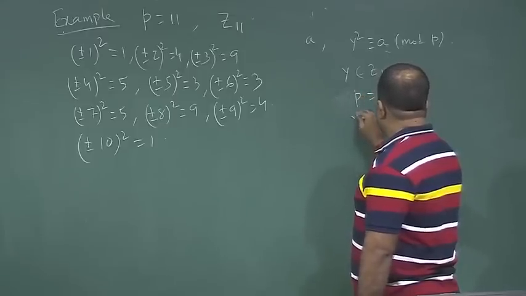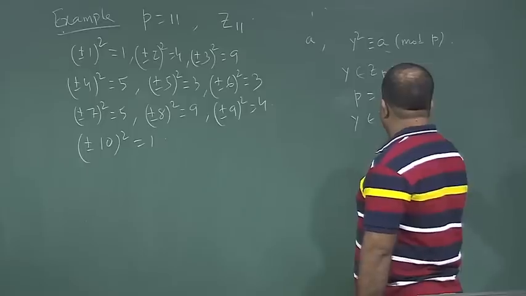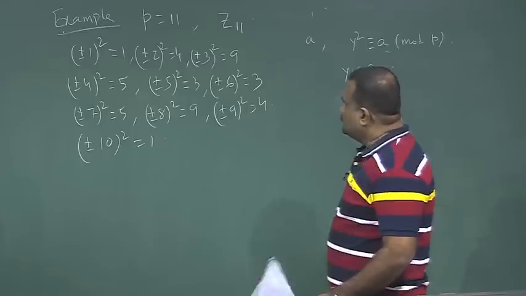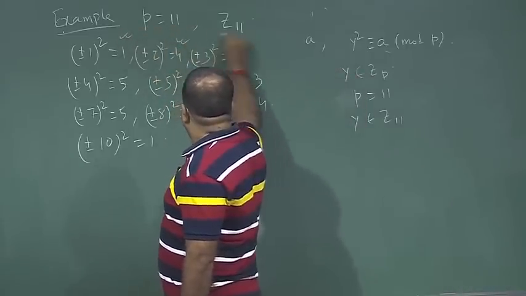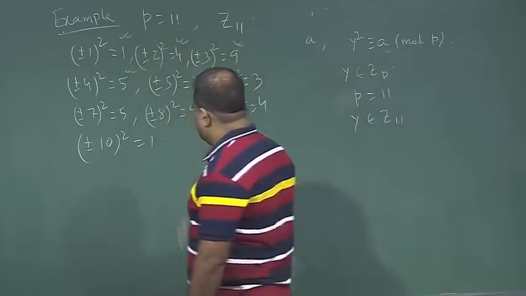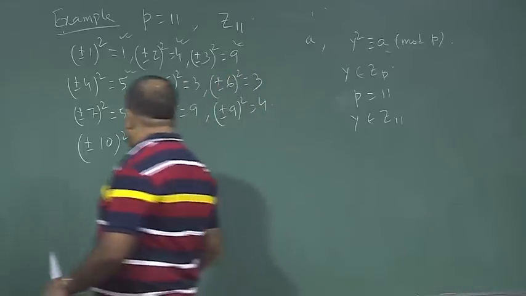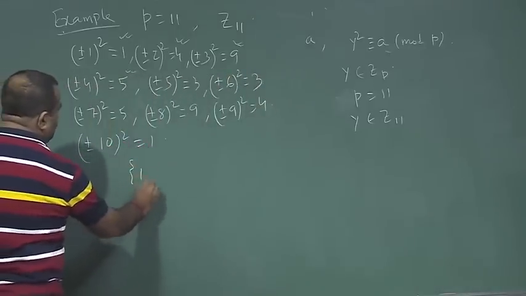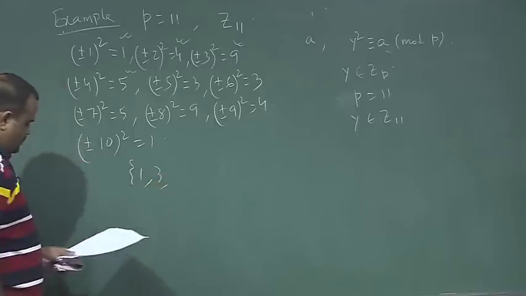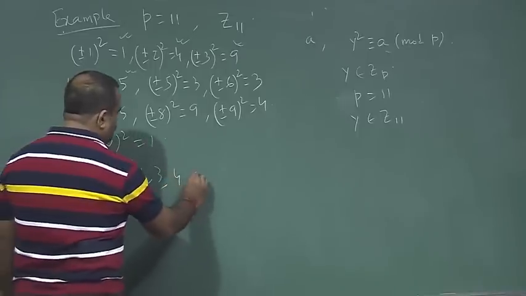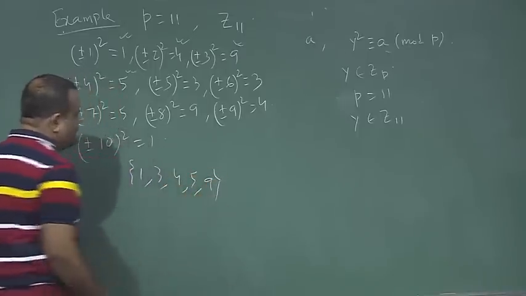So, y must come from this set, basically Z 11. Okay, so these are possible y's. That means these are the quadratic residues. Basically this set: 1, 2 is not there, 3, 4, 5, 9.